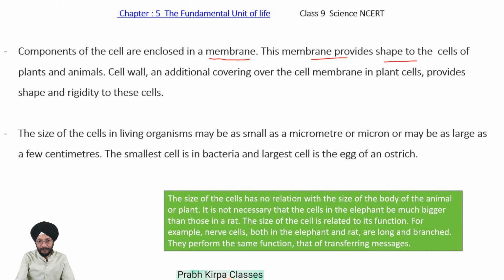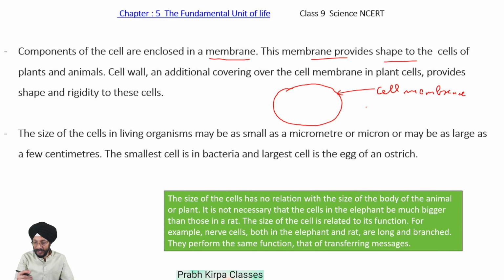Components of the cell are enclosed in a membrane. This membrane provides the shape to the cells of the plants and animals. Suppose this is the cell, this will be known as cell membrane. But if you talk about plant cell, in case of plant cells, there is another covering outside here.